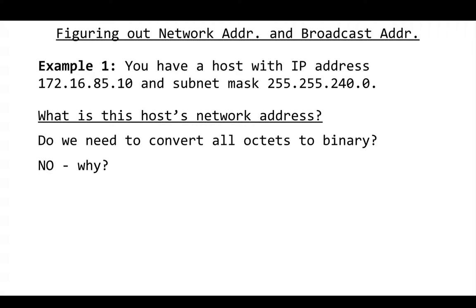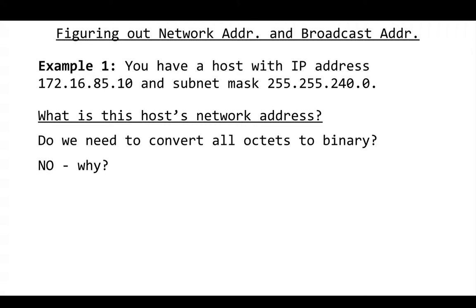The answer is because if we have a subnet mask portion that is all ones, for example, the first 255, the second 255, we know that if we AND anything with 1, we're going to get the same thing back. So in this example, the first two octets are just going to move down as is, 172.16.